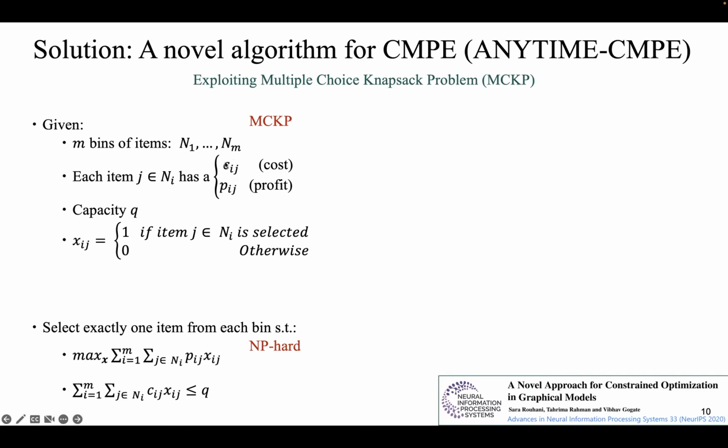So Cij is the cost associated with item j in bin i, and Pij is the profit associated with item j in bin i. We are also given a knapsack, which has capacity Q. Now the task is to select exactly one item from each bin such that the total profit is maximized. However, the total cost of the items is bounded by Q. So that is a multiple choice knapsack problem.